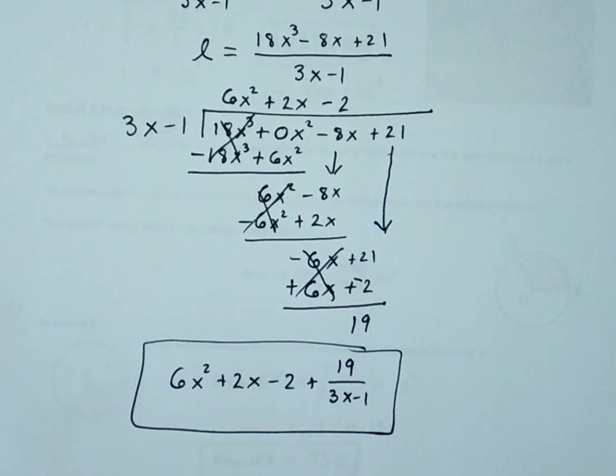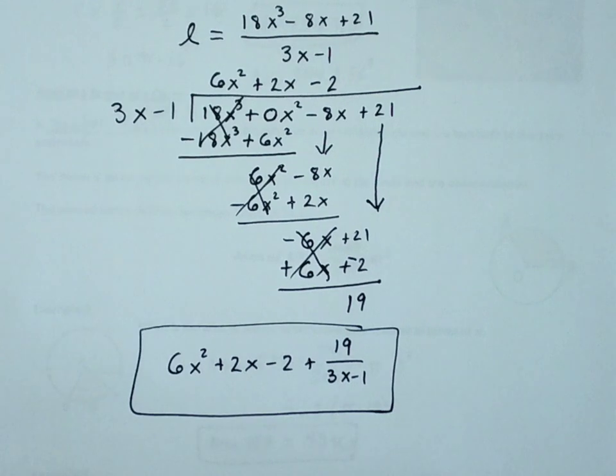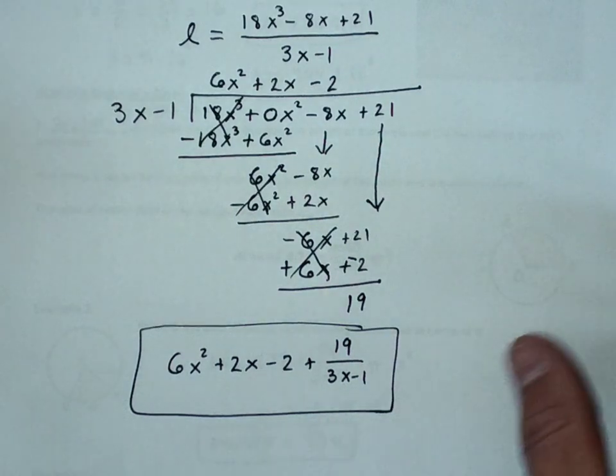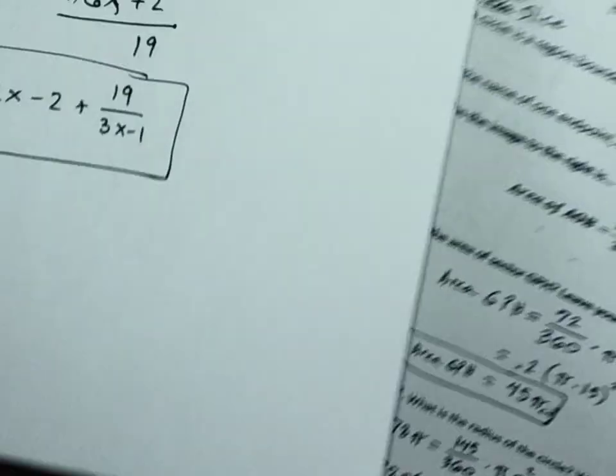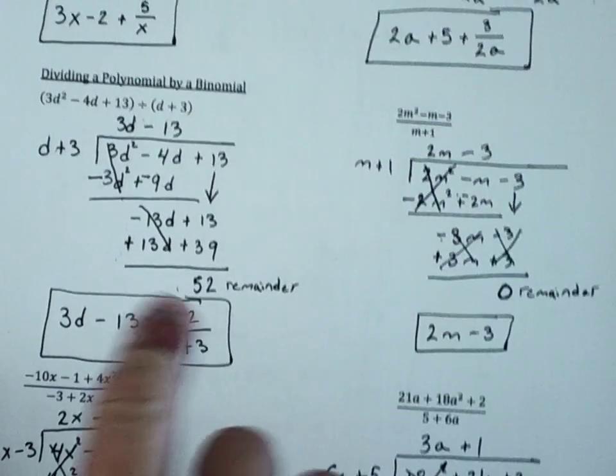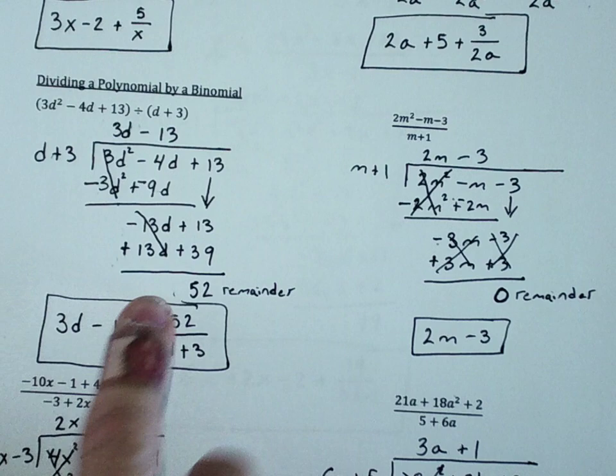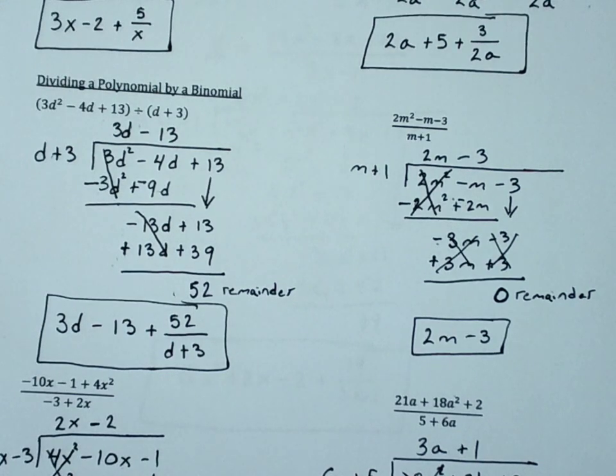I understand that that's not a very nice length, but that is the polynomial for the length of the rectangle. So that is how you long divide polynomial or rational expressions. Okay? That is very, very similar to long division that we did earlier.